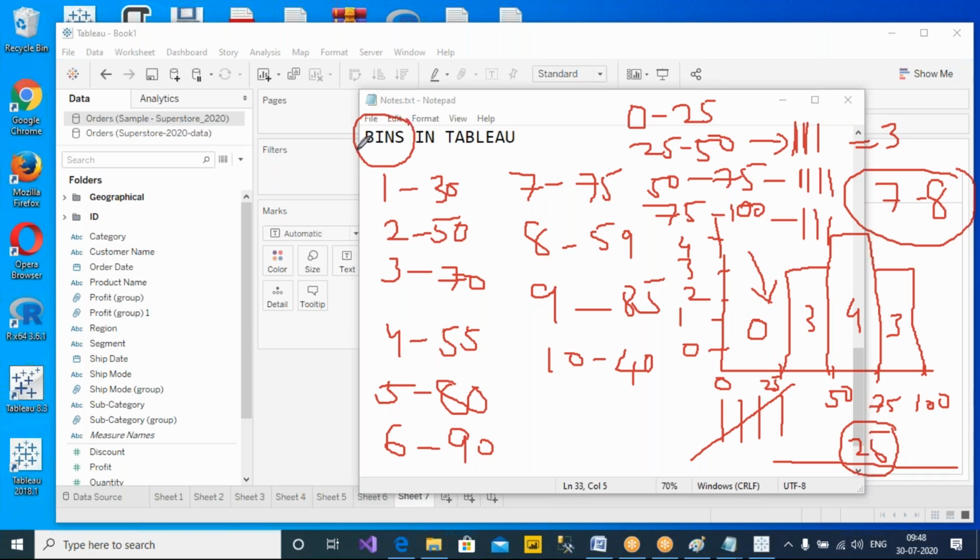So bins is nothing but the size of the basket, where it holds a number of values. All right, so I hope this is clear what we are doing here. Similarly, we'll apply the concept of bins to the data and let's see what analysis we can do.